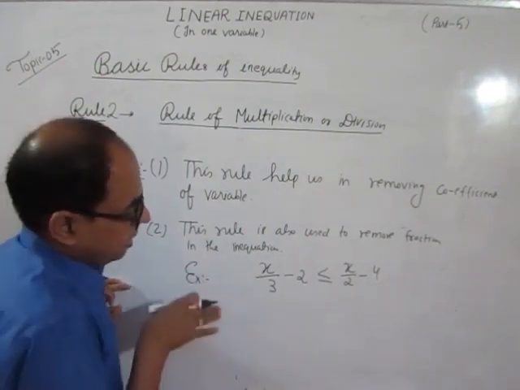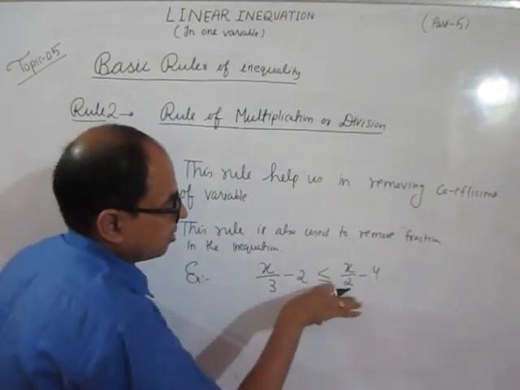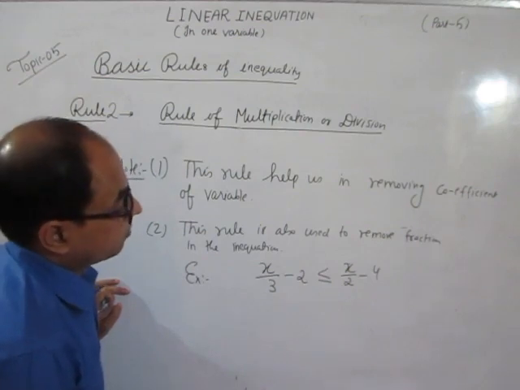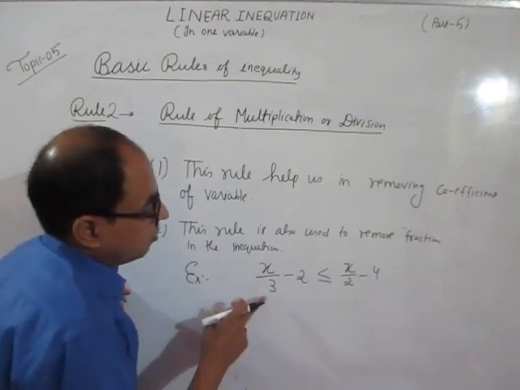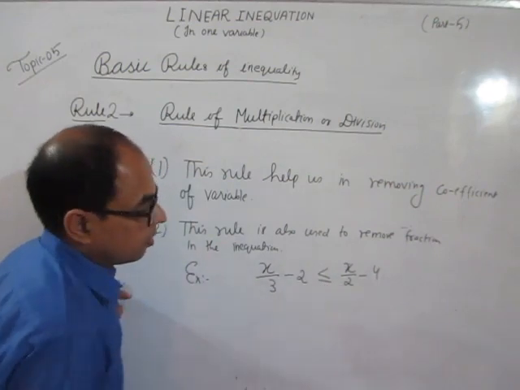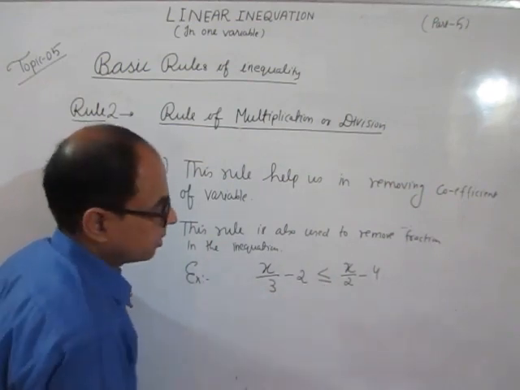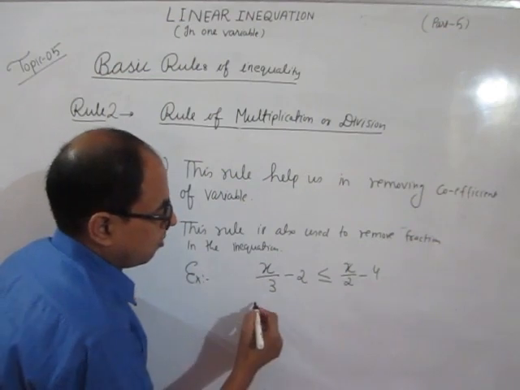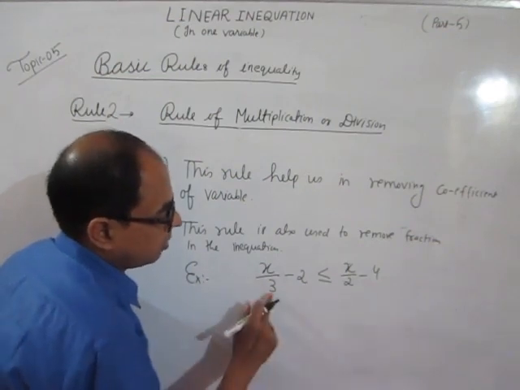Now suppose at any step we are getting this linear inequation. Now suppose you want to remove this 3 from here and 2 from here, because it is in fraction, to make this inequation free from fractions. So multiply both sides by the LCM of this 3 and this 2.